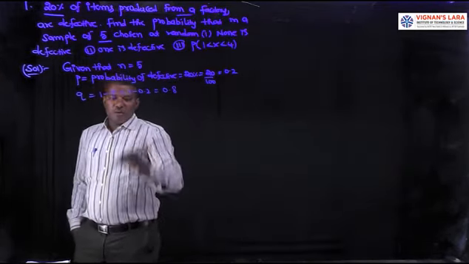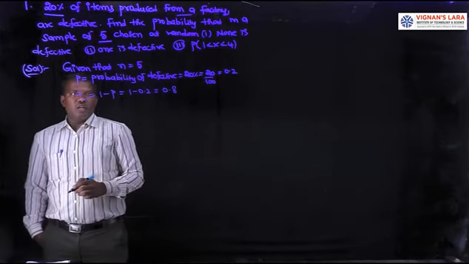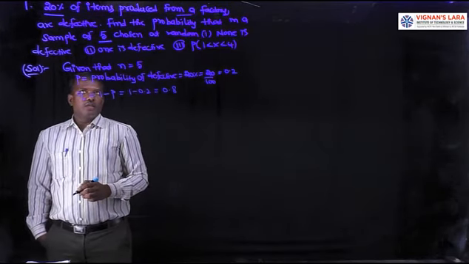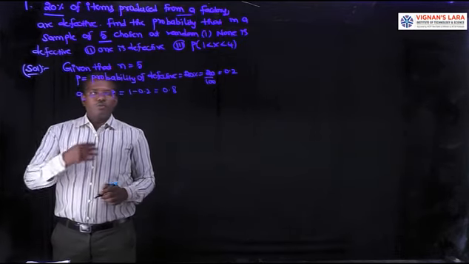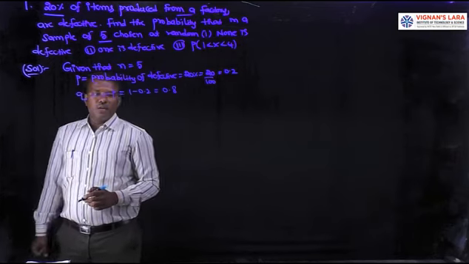So these are the parameters of the binomial distribution: n equal to 5, P is getting a defective item 20%, that equals 0.2, Q is 1 minus P, that equals 0.8.